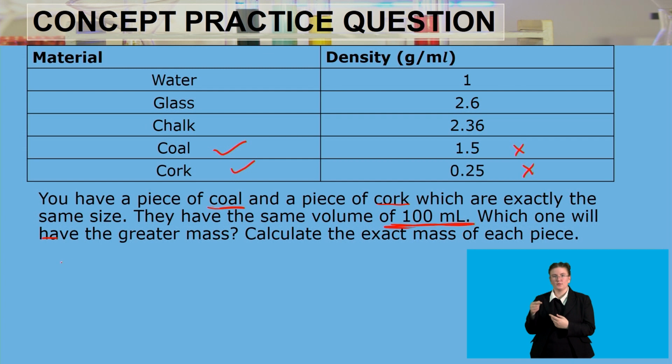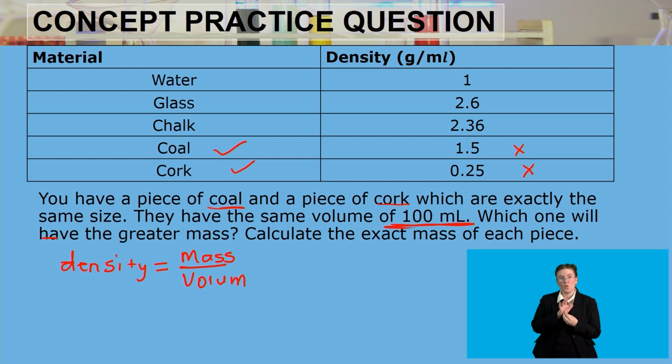Remember the equation. Density is equal to mass over the volume. So starting with the coal, its density is 1,5, so we're going to write our 1,5.